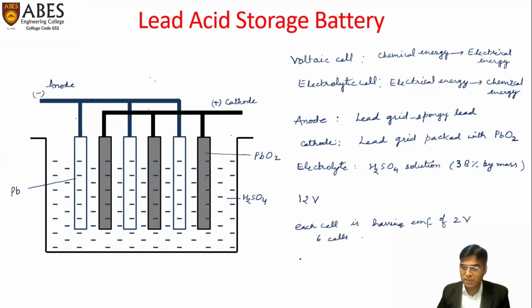So total EMF is equal to 6 multiplied by 2 equal to 12 volt. Now we shall see the reactions which occur in the lead acid storage battery.